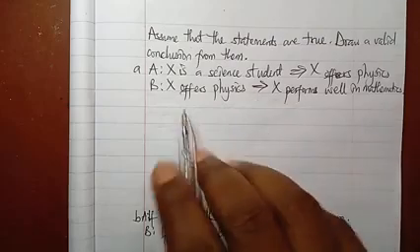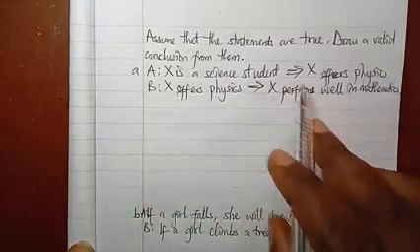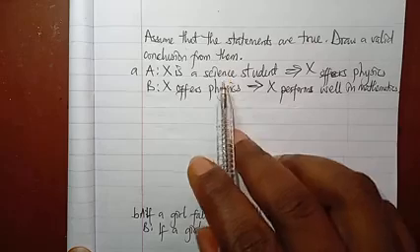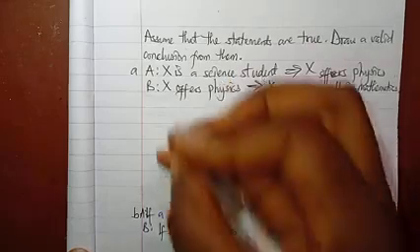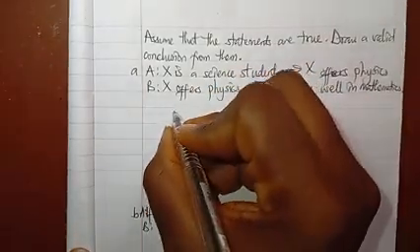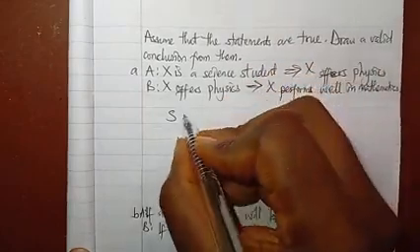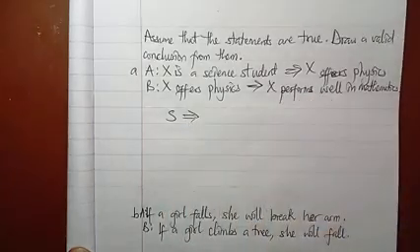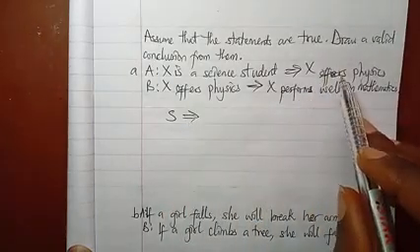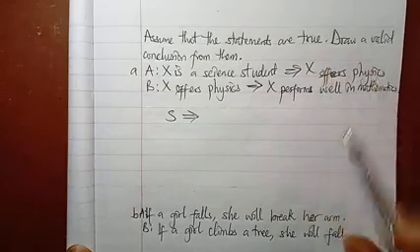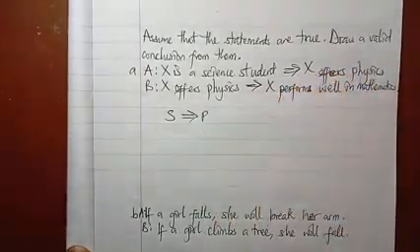So let's start. X is a science student. Let's use S for science. If X is a science student, it implies that X offers physics. Let's use P for physics.